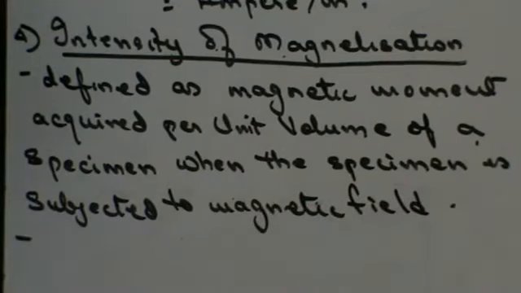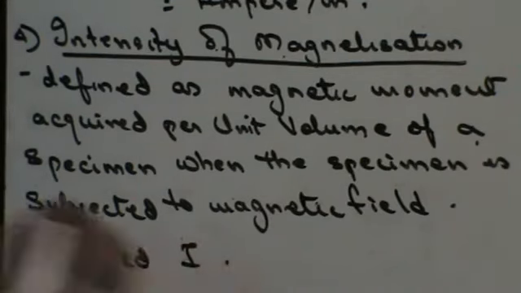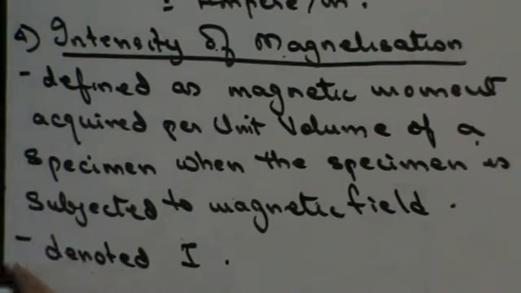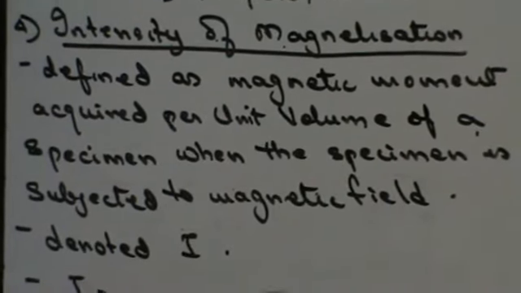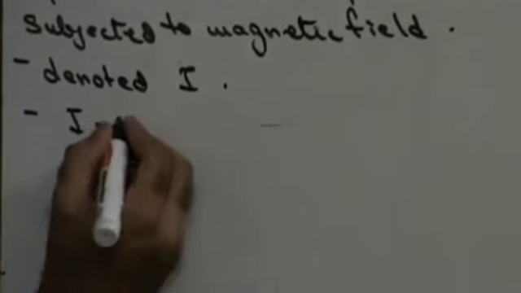It is denoted as I, right? Formula wise, intensity of magnetization is magnetic moment per unit volume. That is going to be the formula for this.